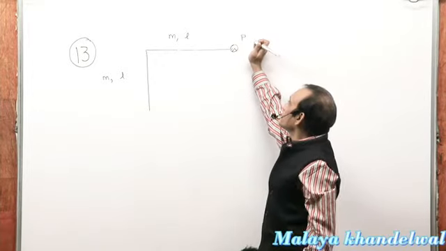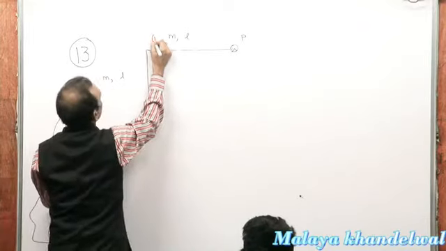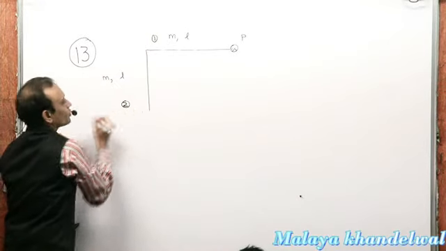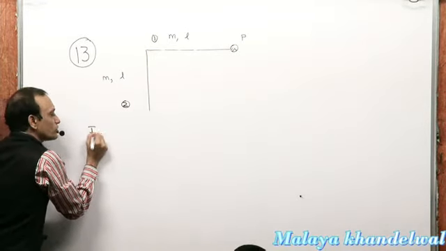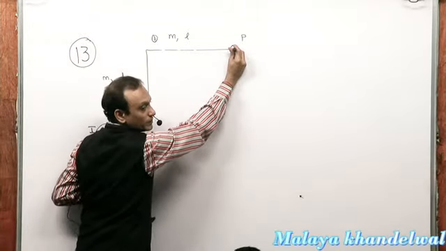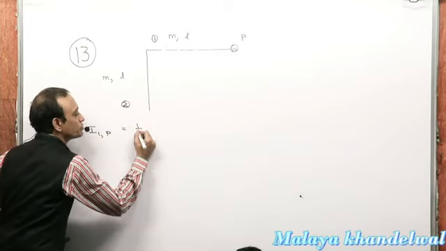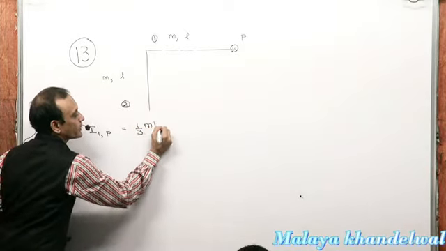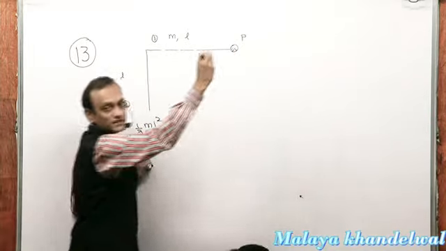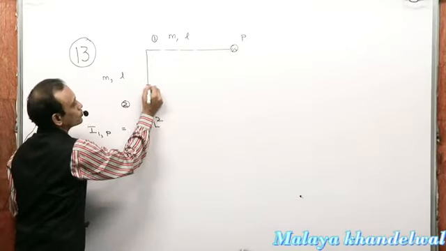Okay. So, first of all, let me call this rod 1 and let me call this rod 2. What is the moment of inertia contribution of rod 1 about P perpendicular to the plane? 1/3 mL squared, right? So rod 1 makes a contribution 1/3 mL squared about this axis. Now, rod 2.